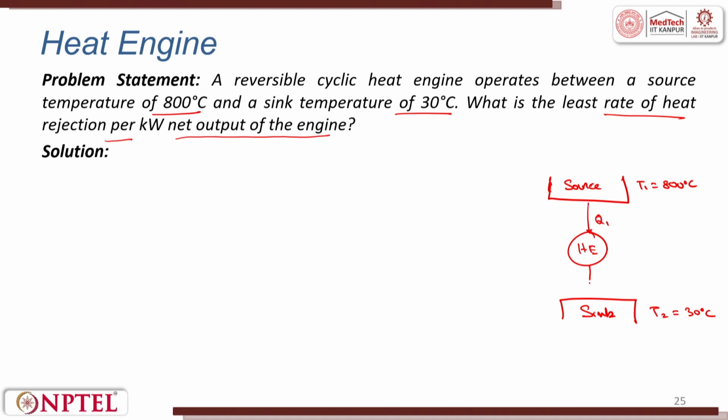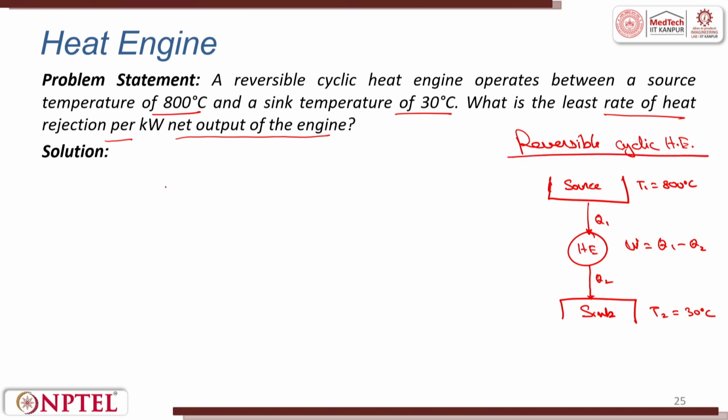Q1 enters the heat engine and Q2 goes out of the heat engine. So work done is equal to Q1 minus Q2. It is a reversible engine, that is, the rate of heat rejection is minimum. This is a reversible cyclic heat engine.